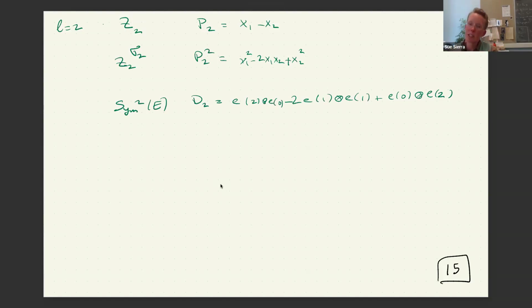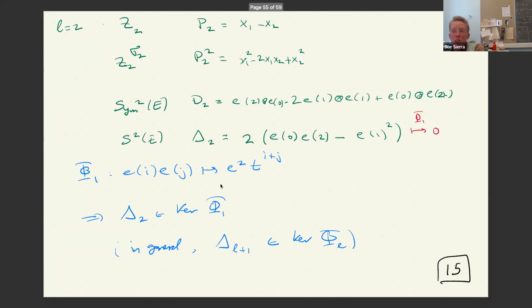I've got 2 copies of the first e and 0 copies of the second one. So that's e2 tensor e0. x1 x2 is e1 tensor e1, and x2 squared is e0 tensor e2. So what I get is e2 tensor e0 minus 2 e1 tensor e1 plus e0 tensor e2. And then I move that over to the symmetric square of E to get delta 2, which when I symmetrize this element, I get 2 e0 e2 minus e1 squared, it turns out. So that's an example of one of these discriminants.